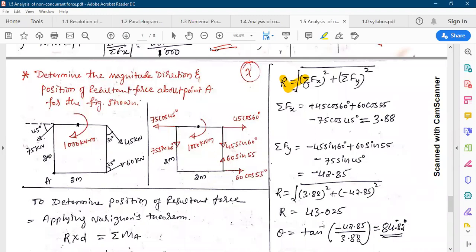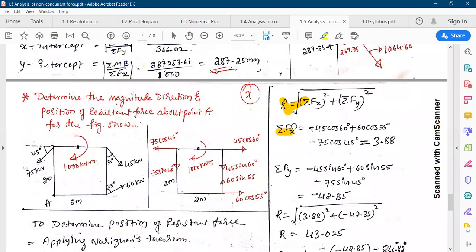It is square root of sigma Fx squared plus sigma Fy squared. So resolve all the forces into their x components and their y components, then add algebraically the sum of all the x components and the sum of all the y components.